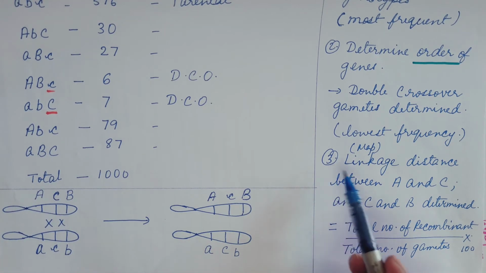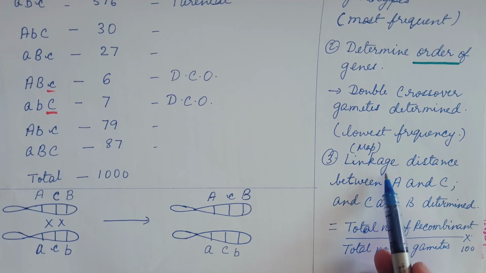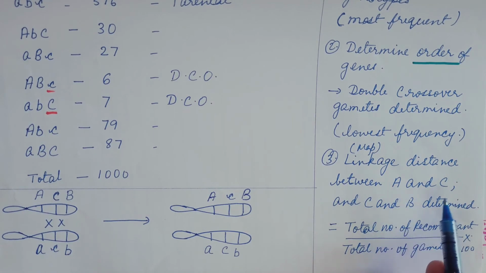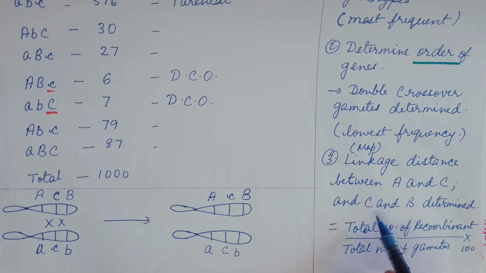Now the third step is determining the linkage distance between gene A and C, and also between gene C and B. This is obtained by the formula: total number of recombinant gametes by total number of gametes into 100.